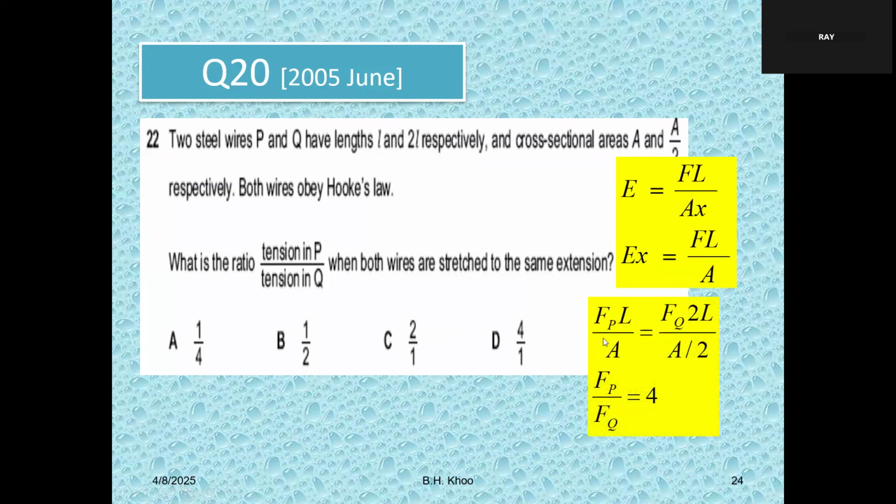This is for wire P, this is for wire Q. So L for P is L, Q is 2L, P is A, Q is A over 2. A and A cancel, L and L cancel, times 2 here, times 2 here, it becomes 4. The 2 eliminated here. Take FQ down, you get 4. Answer is D. Okay or not?